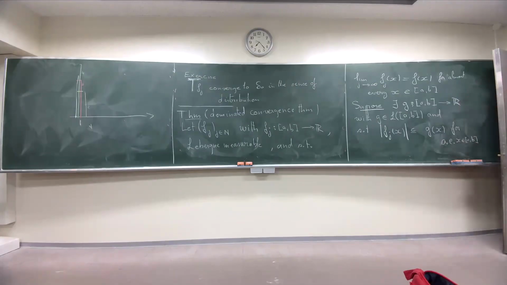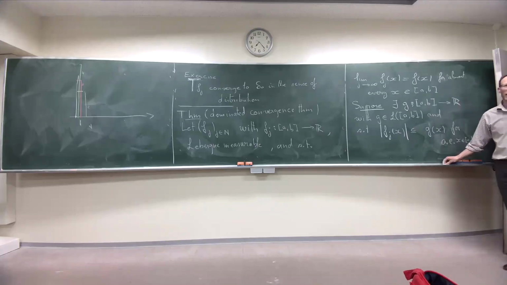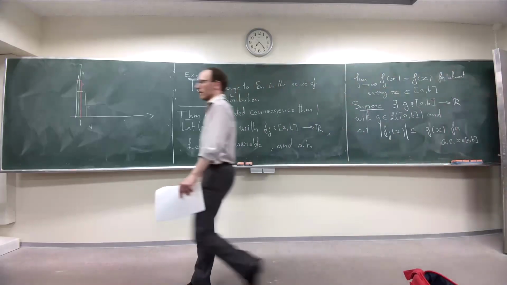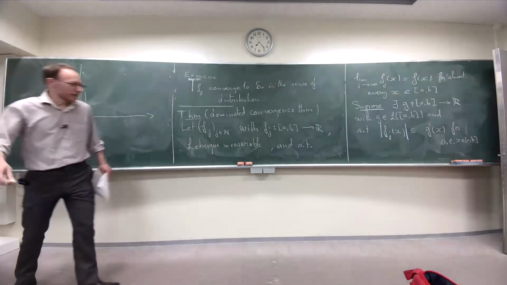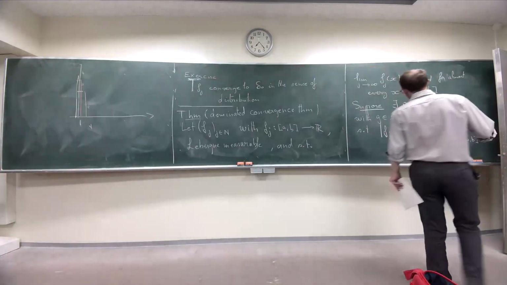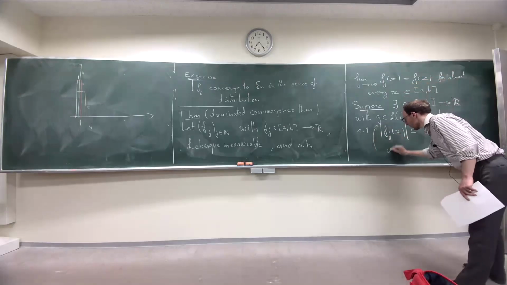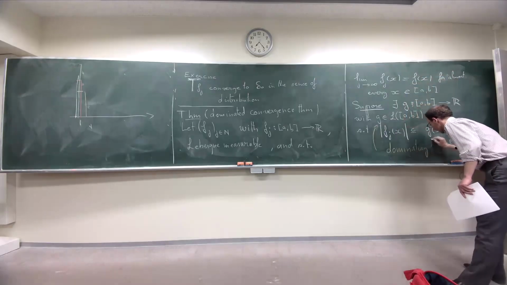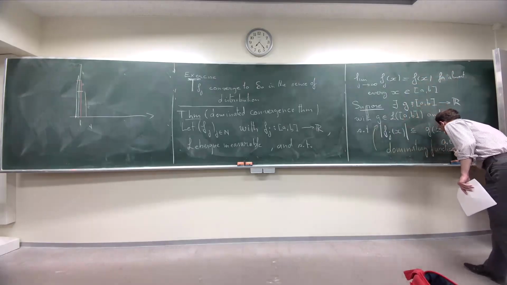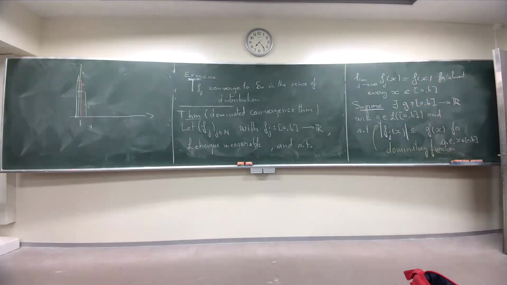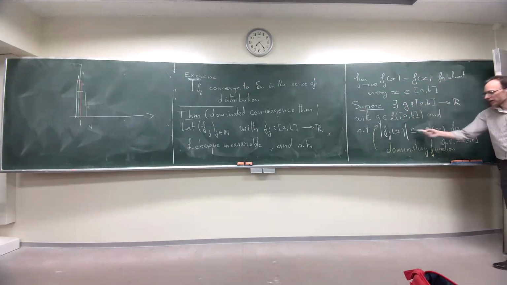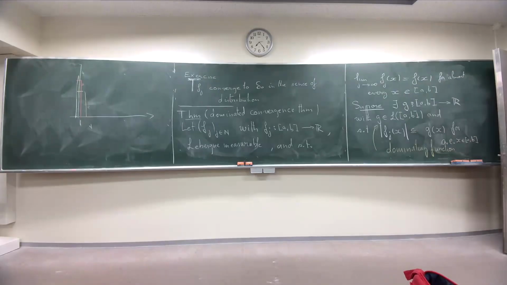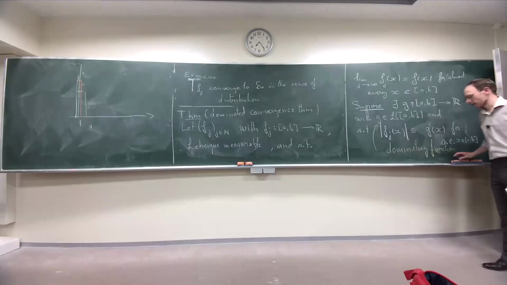And what is the name of this function? You can guess, it's a dominating function. Because it dominates all fj. Usually it's hard to find this function g, depending on the context.